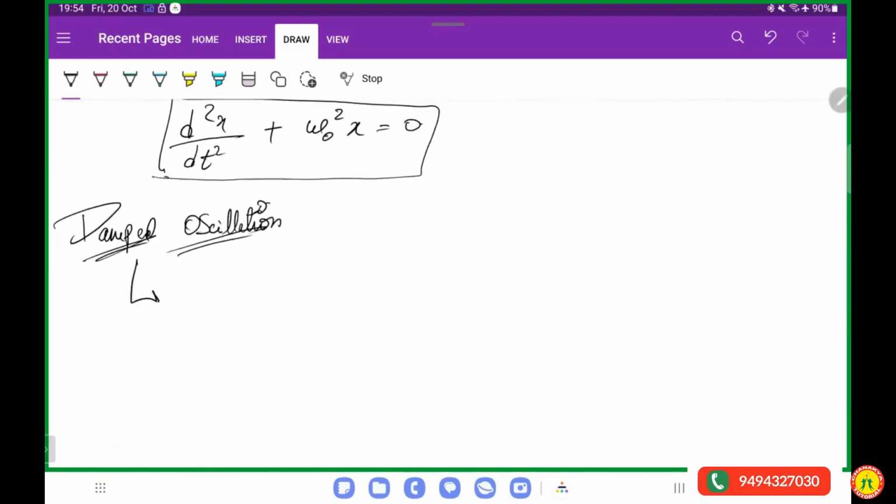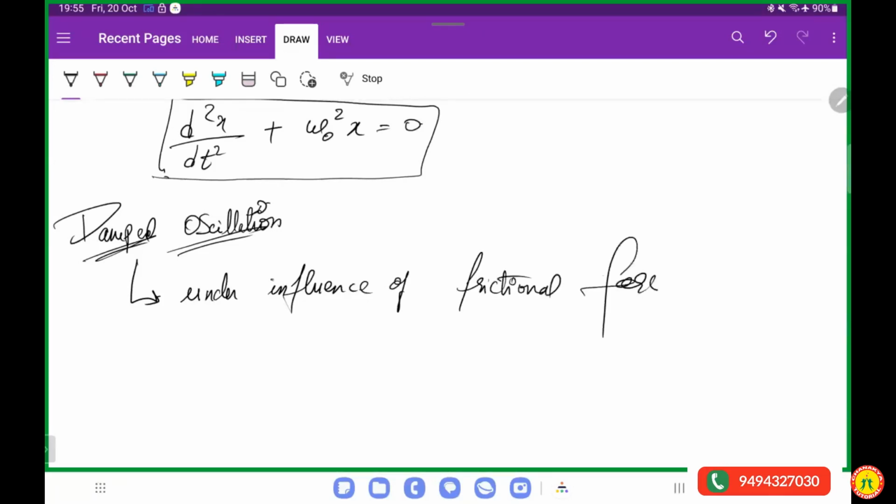This oscillation is under the influence of frictional force. That is damped oscillation.